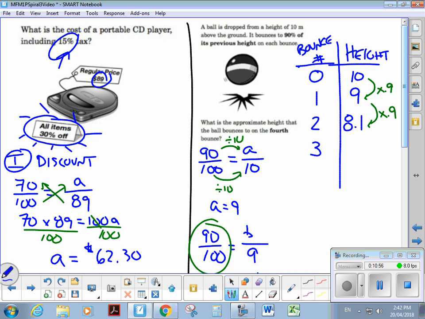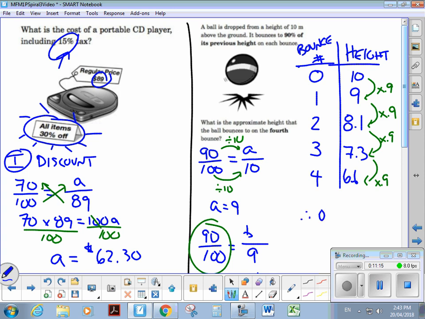So that means we can speed this process up a little bit because we're going to multiply each time by 0.9. So I get 7.3. And if I do that again, times 0.9, we get 6.6.